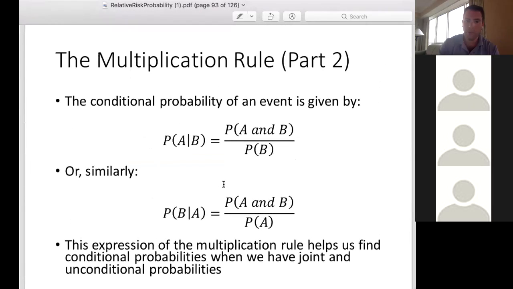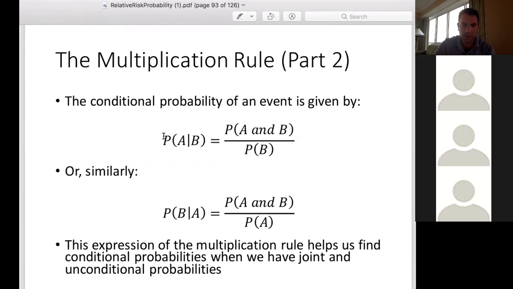And here we can look at this slide. The conditional probability of an event is given by the probability of A given B is equal to the probability of A and B divided by the probability of B. So this is how we calculate the conditional probability of A given B. Hopefully this notation is clear.